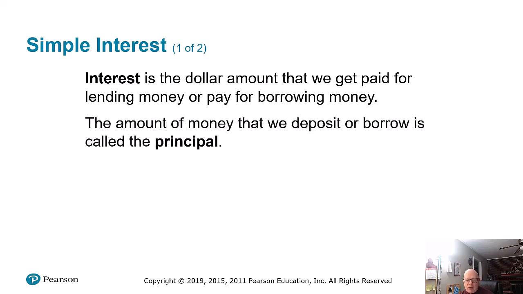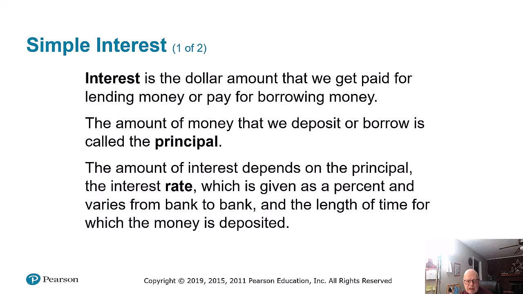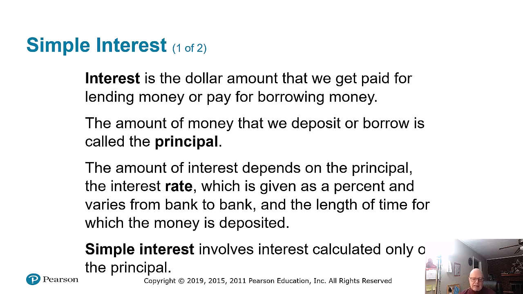The amount of money we deposit or borrow is the principal. And the rate at which we accumulate that interest is called the interest rate. Remember, you also have to have that as a percent. It'll vary from bank to bank or credit union to credit union, and according to the length of time that your money is there.